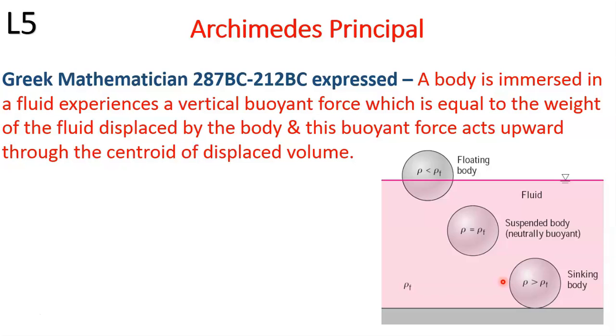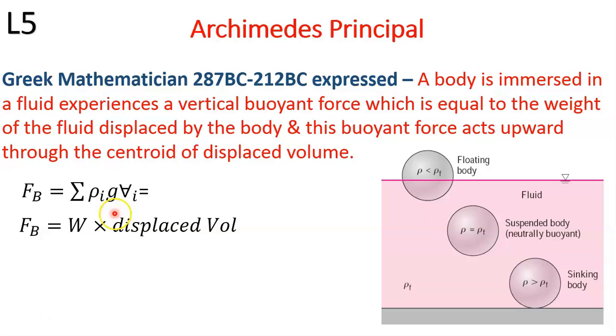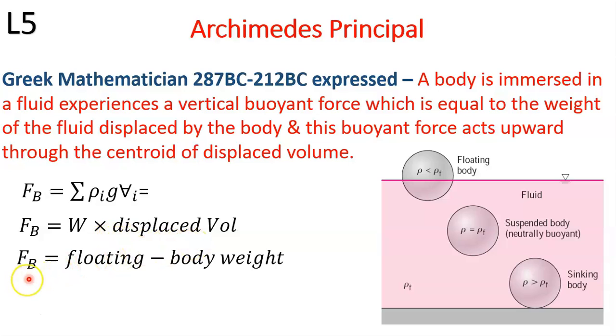So here you can have an explanation for why a stone is suspended in mercury but it is submerged in water. The buoyant force is the summation of rho_i G V_i, and this is equal to the weight W times the displaced volume. So the buoyant force is equal to the floating weight minus the body weight.